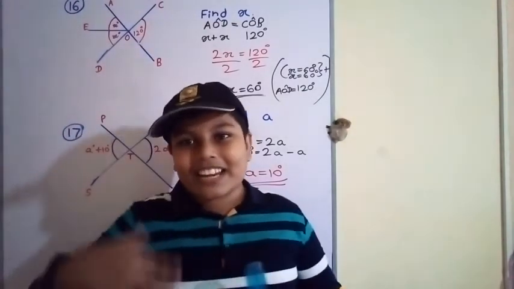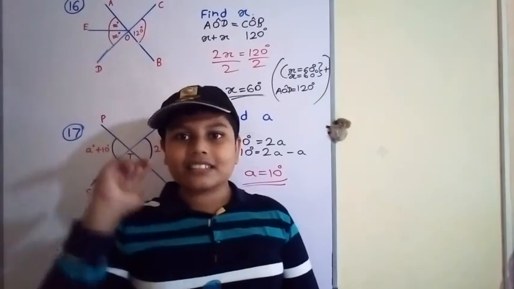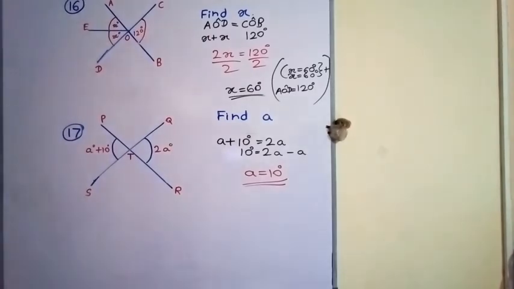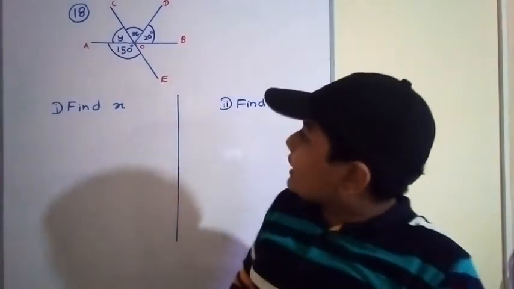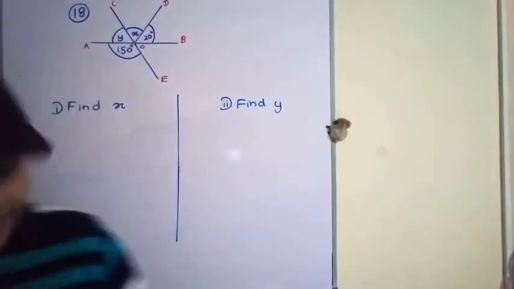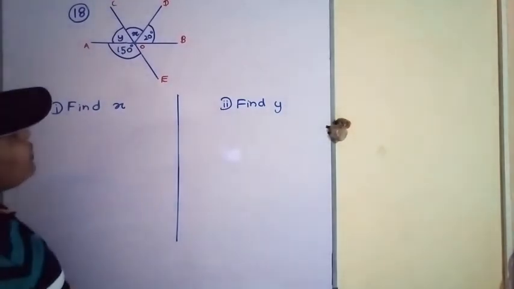Okay, let's move to the next questions in this question collection, third lesson, angles, grade 8. Okay, this is your 18th question. Now 18 has two parts, find x and find y. Now in this figure you want to find that.